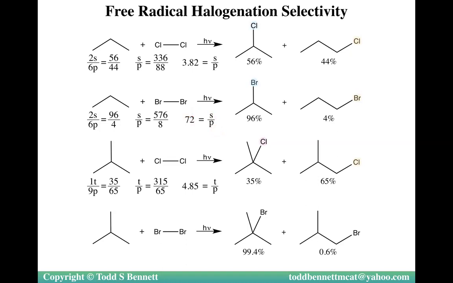So I know the tertiary preference is going to be in the hundreds, I'm assuming. It's going to be more preferable, but let's find out exactly how much. So again, the equation we're doing is 1 over 9, the abundance, times the tertiary preference over primary preference equals 99.4, which is just absurd, over 0.6.